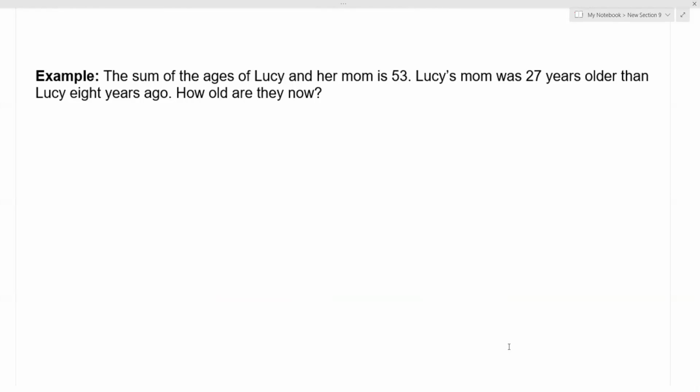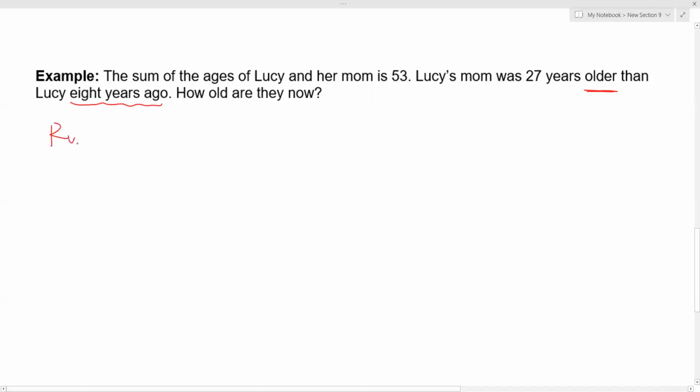So right off the bat, you already know that there is a keyword that we need to look for, right? Older. Anytime we see older or younger, we know that the problem is trying to tell us the age difference. But the problem also said that difference was 8 years ago.